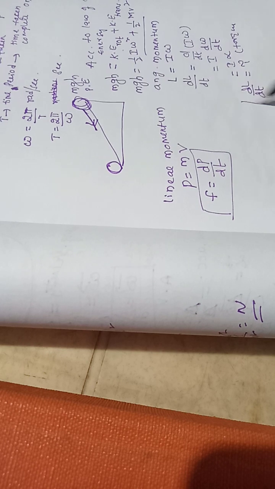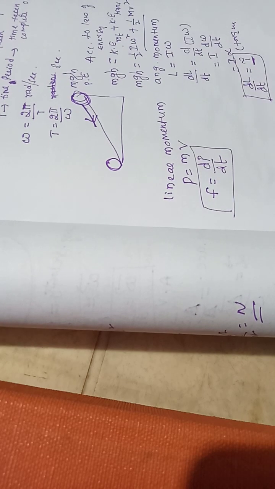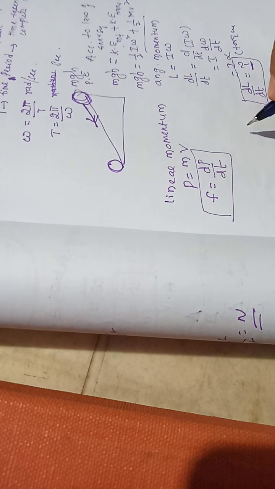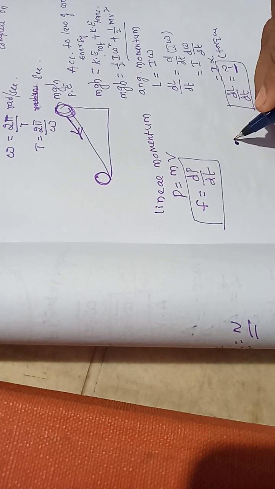Then what is this torque? If a body wants to undergo rotatory motion, first it needs to have a small turn. The body is here, it wants to undergo rotatory motion, first it has to turn.